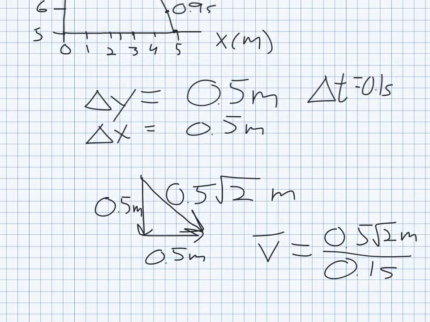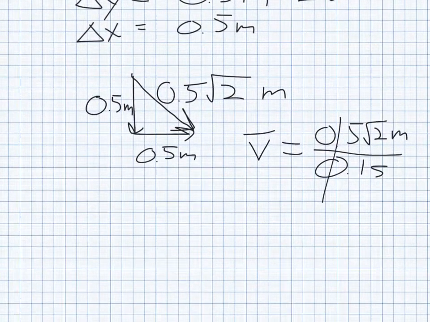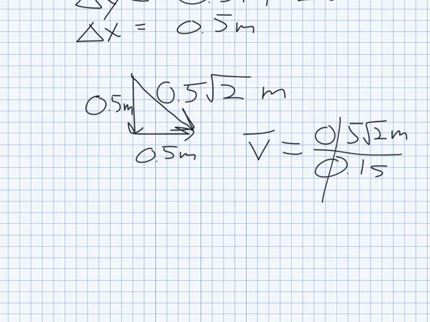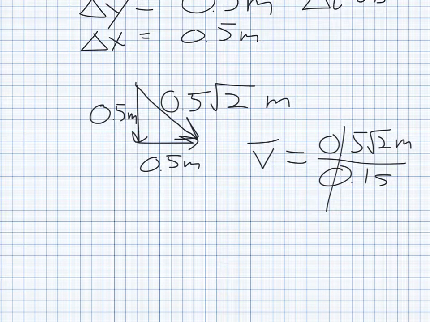And we can clean that up. I mean, if you want to divide 0.5 by 0.1, it's the same as multiplying top and bottom by 10, so 5 over 1 is just 5. And we would get 5 root 2 as our answer, so let's put that in the old calculator here. 5 square root of 2, and I get a little over 7, like 7.1. 7.1 meters per second.